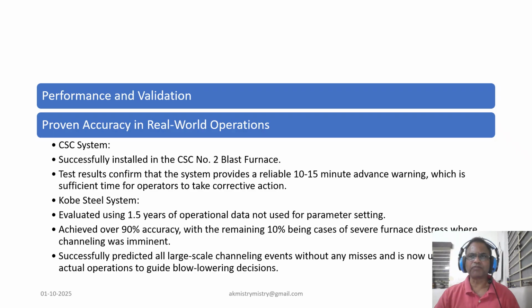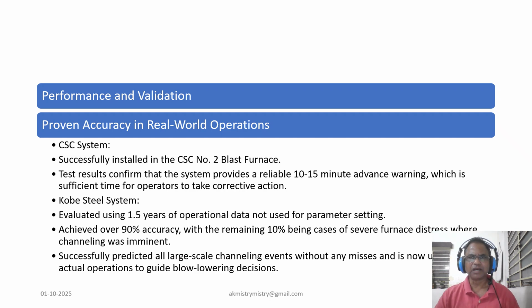Coming to the performance and validation, the proven accuracy in real world operation. The CSC system is successfully installed in the CSC number 2 blast furnace. Test results confirm that the system provides a reliable 10 to 15-minute advance warning, which is sufficient time for the operator to take corrective action.